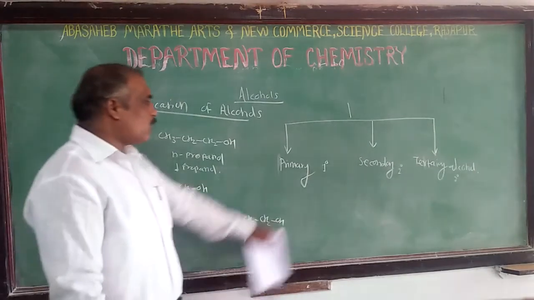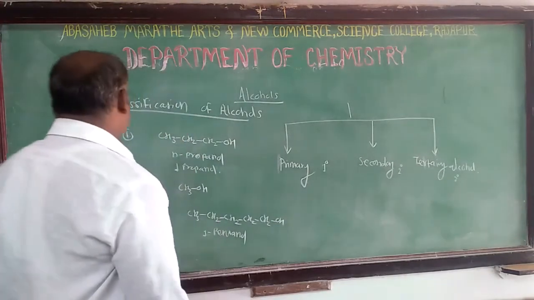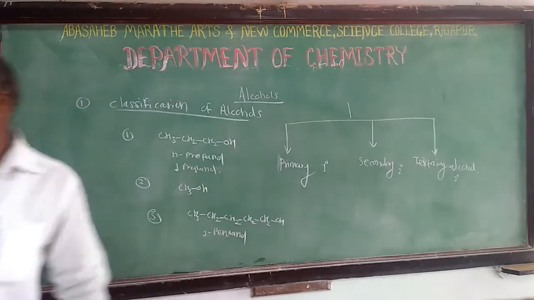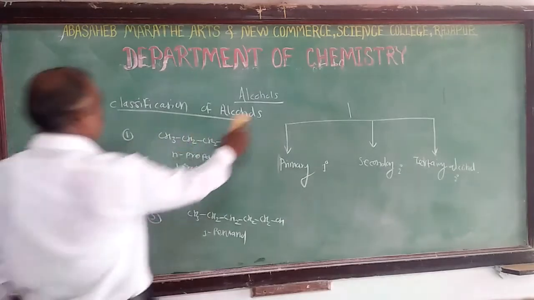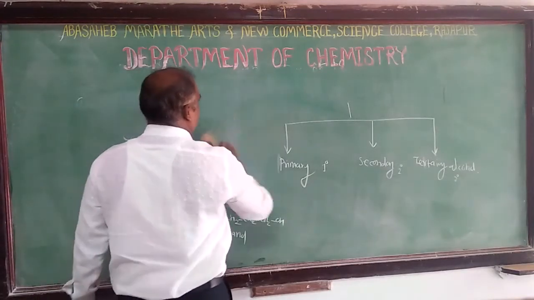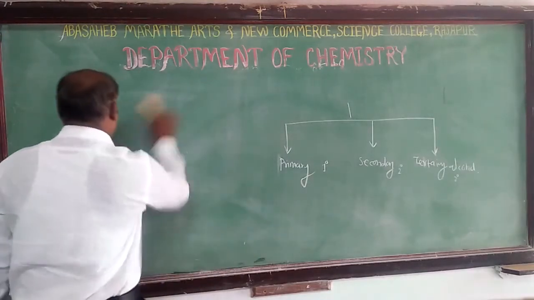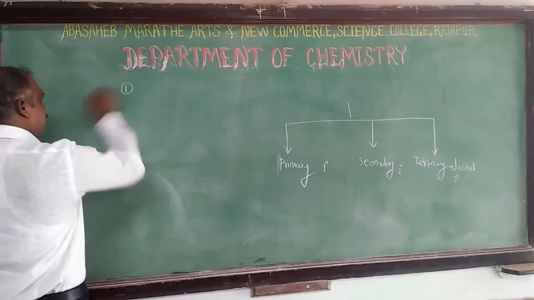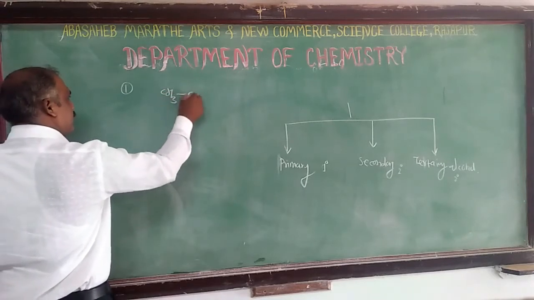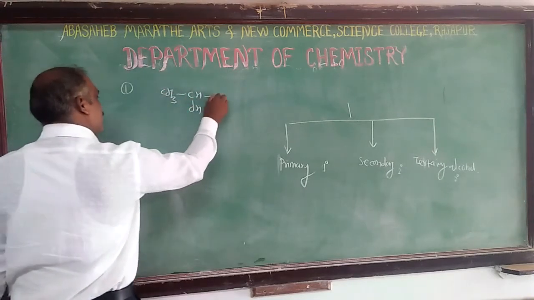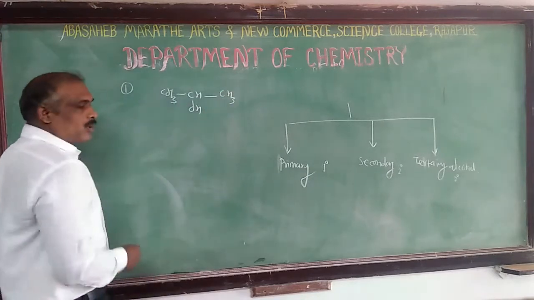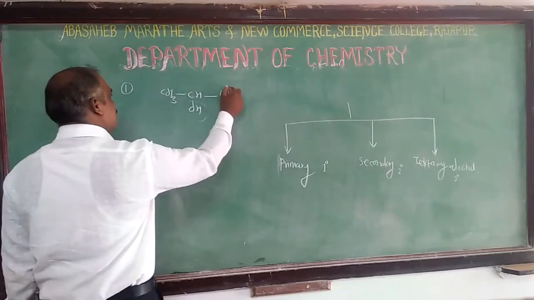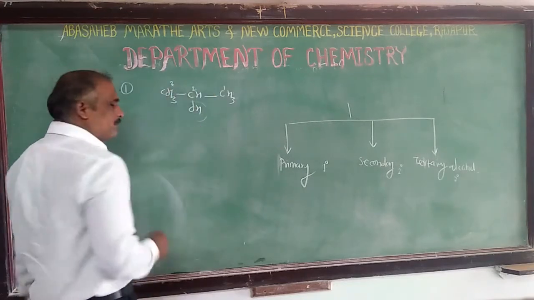Now we will see the secondary alcohols. Examples of secondary alcohols are like this, because the OH group is attached to the second carbon: 1, 2, and 3.